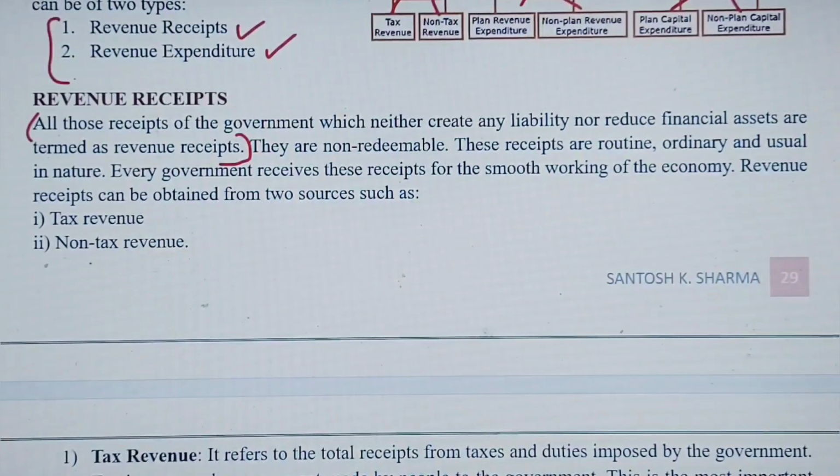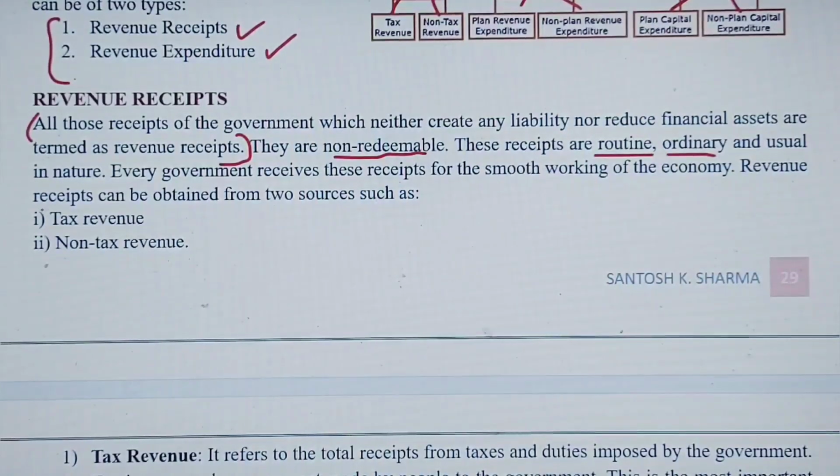I mean, these are not to be paid back by the government. The government doesn't have any liability to pay these receipts, and basically these receipts are routine in nature. They are ordinarily and regularly received by the government, and every government receives these receipts for the smooth working of the economy.